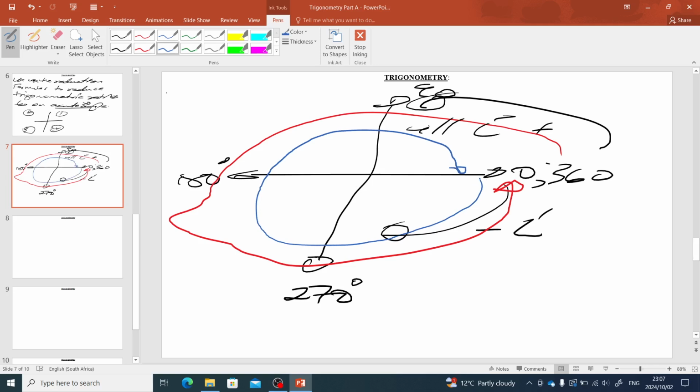You can as well say 0, 10, 20, 30, 40, 50, 60, 70, 80, 360. They are all negative. And we call this the coterminal principle. Now, let's explain the coterminal principle a bit, whether we are rotating clockwise or anti-clockwise.